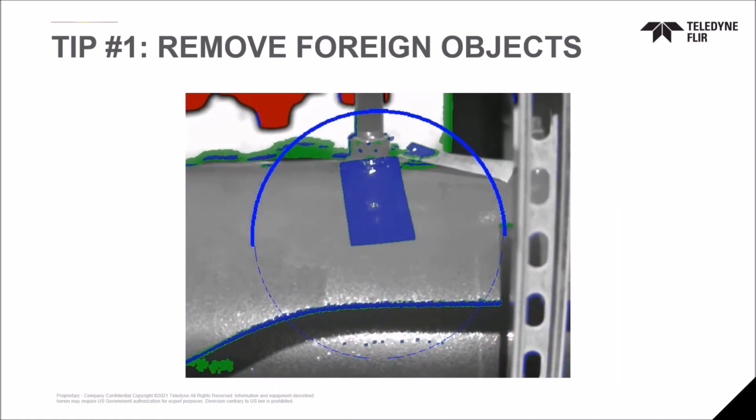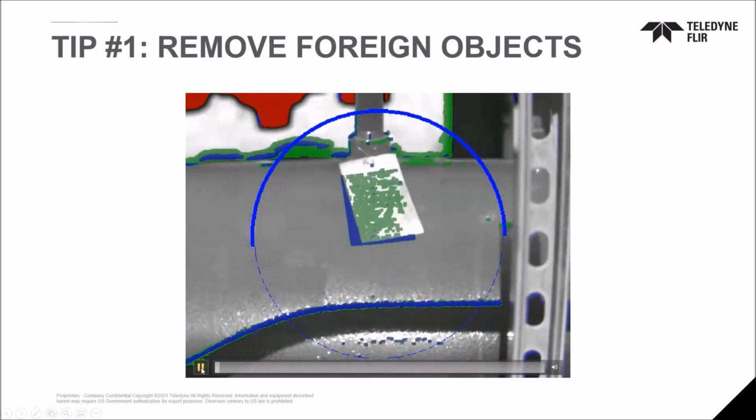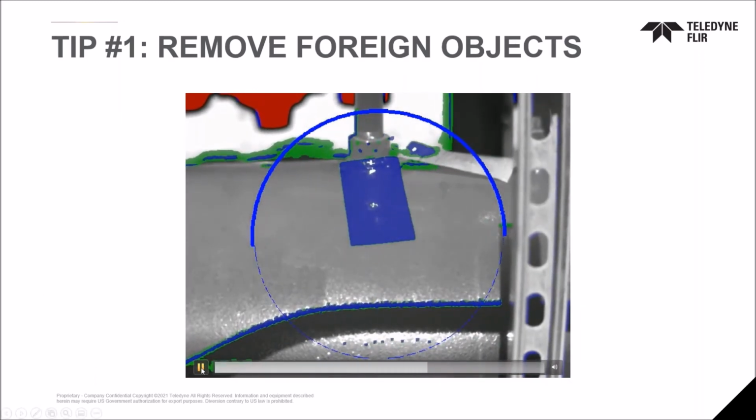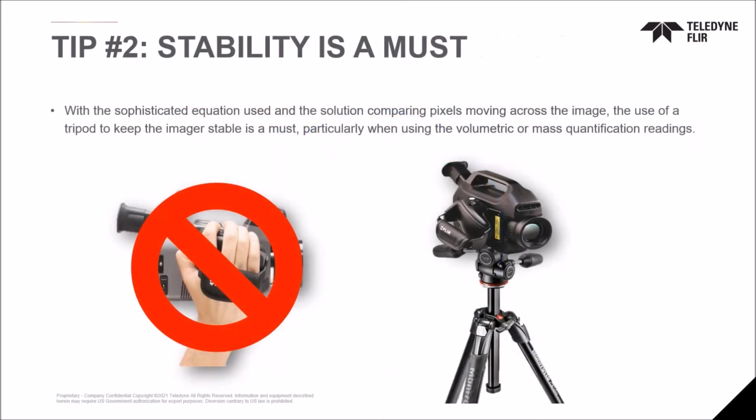Here's the actual video of that leak, and you can see that the tag goes left, it goes right, and the full video was this tag moving all over the place. The produced video with the plume overlay is only a couple of seconds and not the full 10 seconds that you would have in your QL320 data. So again, this is the number one call out.